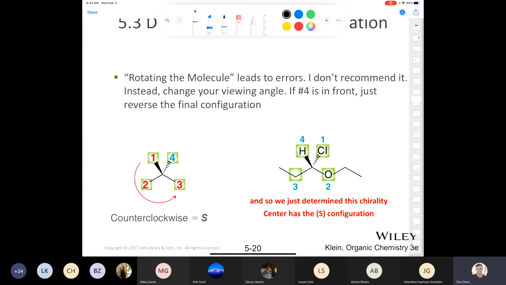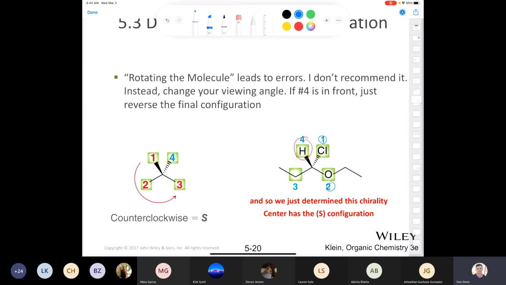And if you're thinking, is it just for organic chemistry 1? Hell no. You ask any chemist who works her or his entire life doing chemistry, we all use this trick. And that is, if the lowest priority group is facing towards you, since the hydrogen is coming towards us, what we do is this.